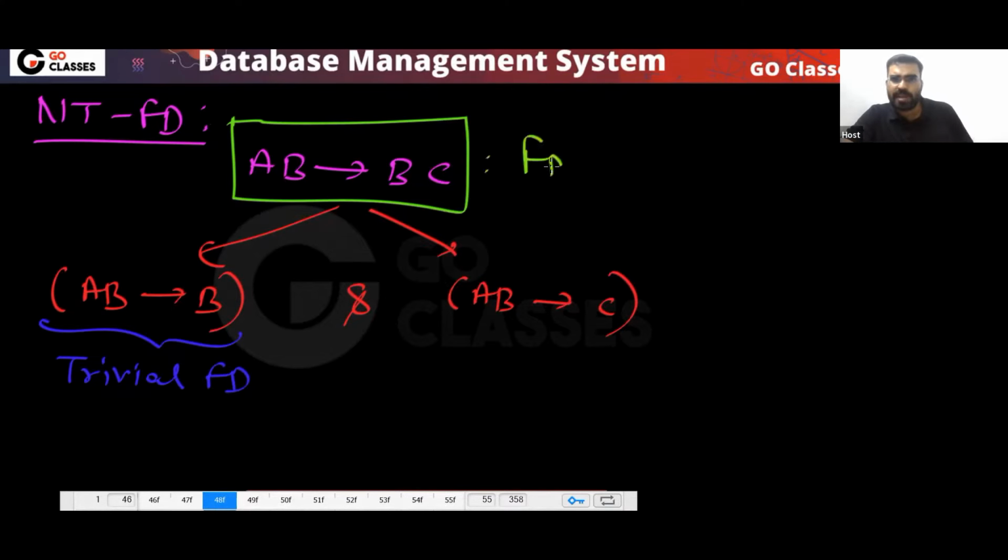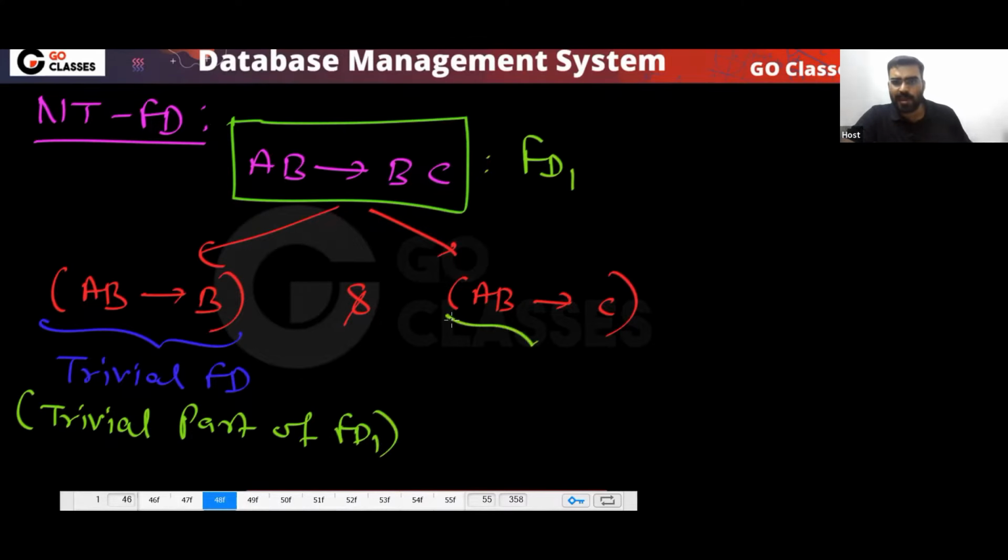Let's call it, for example, FD1. So I can say this is the trivial part of FD1. Is this clear? Yes or no? And this is the non-trivial part of FD1.